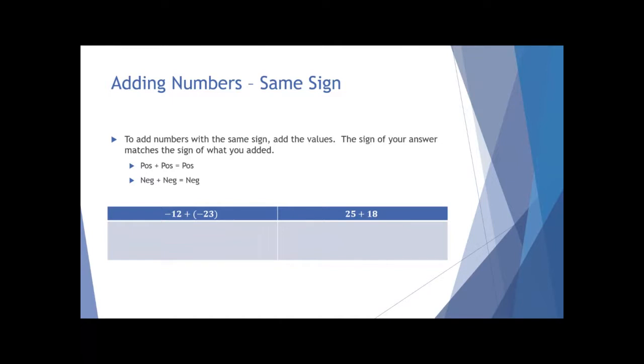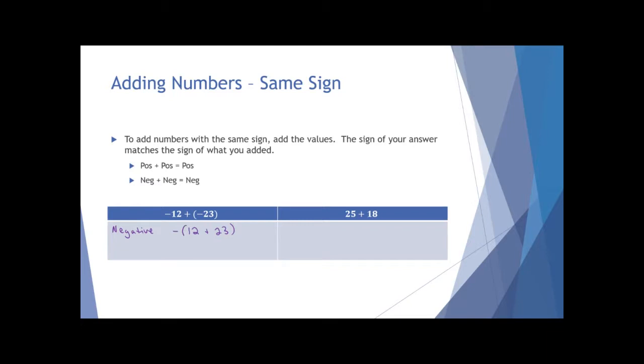So I have two examples here, one of each. The first example on the left, I have negative 12 plus negative 23. Since both of these values are negative, our answer is going to be negative. So you're taking 12 plus 23 and adding those together, and then you're just going to have a negative in front because your answer will be negative.